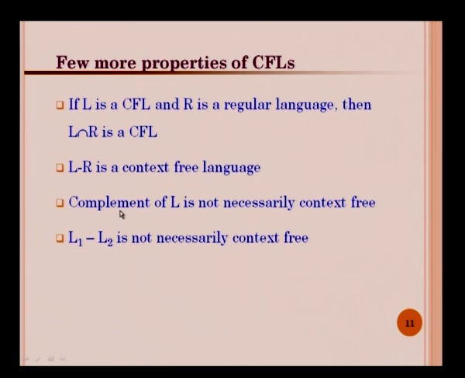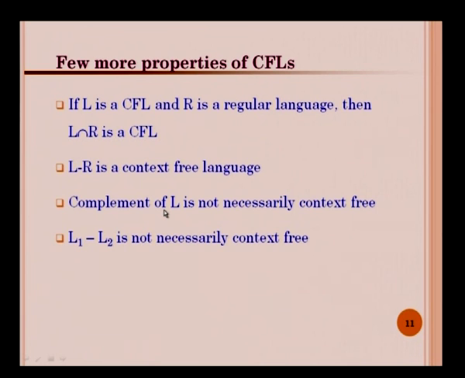The complement of L is not necessarily context free, because if we find that the complement is context free, then it is possible to prove that the intersection is also context free, as the intersection operation can be replaced by a union operation using complements. So, we know that the complement of a context free language is not necessarily context free, due to the intersection being non context free.